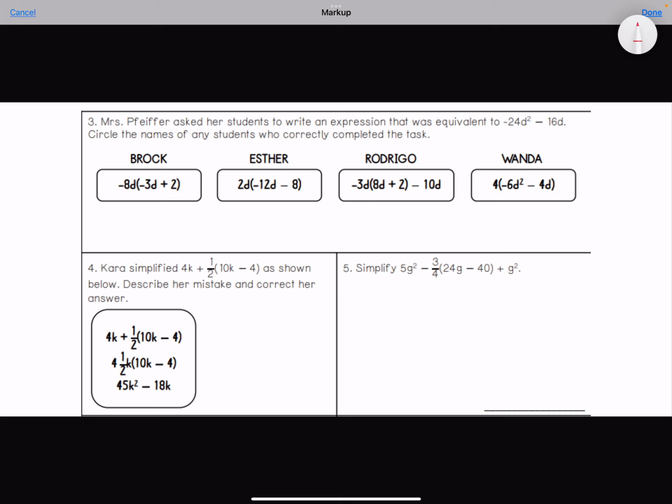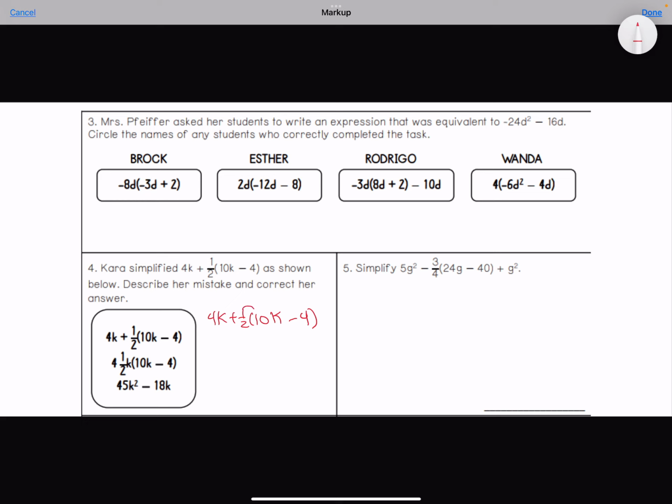Okay? So for number 4, we are doing an error analysis. Where did she make her mistake? The easiest way I can tell you to do it is to work it right to the side. So I have 4k plus 1/2 times 10k minus 4. I distribute, just like when we were solving order of operations and multi-step equations with variables on both sides.